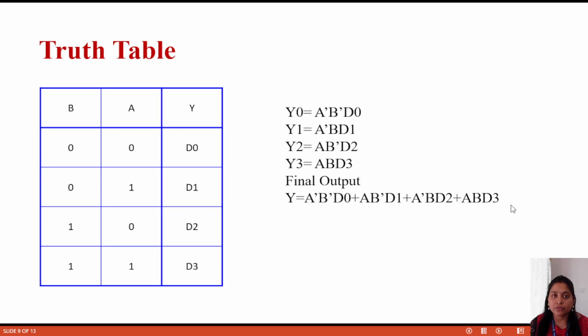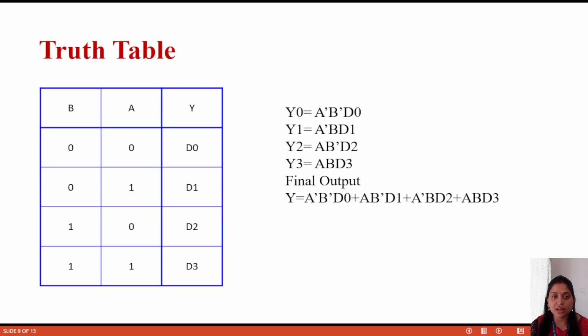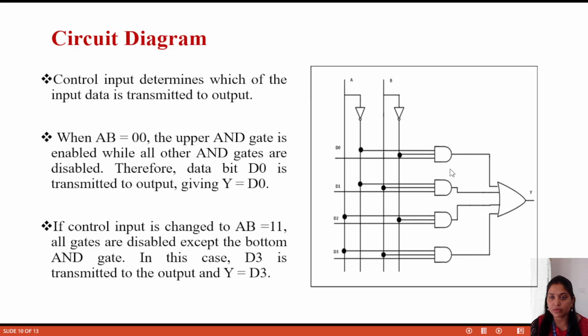Now based on this we have to draw the circuit diagram. At that moment we only consider two combinations, 0 0 and 1 1. When the 0 0 combination is there, only D0 will pass. According to the circuit we have already drawn, we have to check whether really only D0 passes or any others also pass.